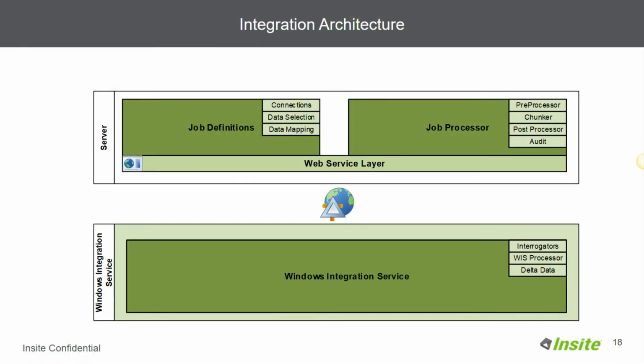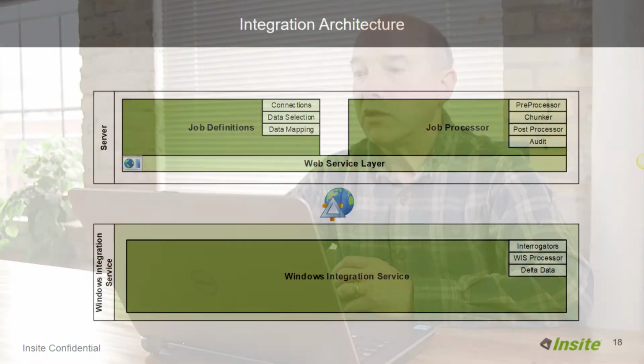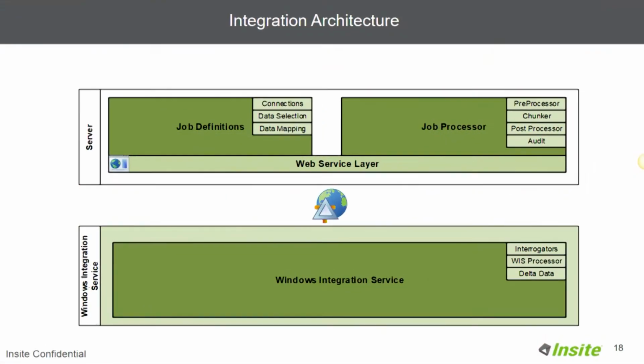What this allows us to do is, for those circumstances where we need to precondition the data, manipulate the data in code, or do something more unusual like send the data to an FTP site, we can do that by introducing these processors. These are standard injection and extension points to our platform that allow this entire framework to be extended to do all sorts of things other than just straight ERP integration.